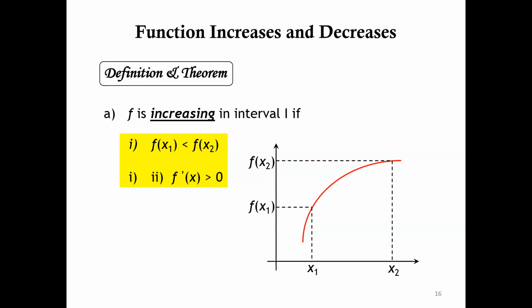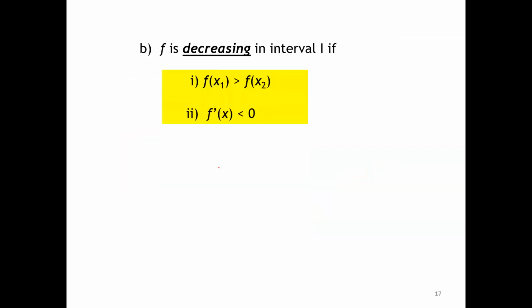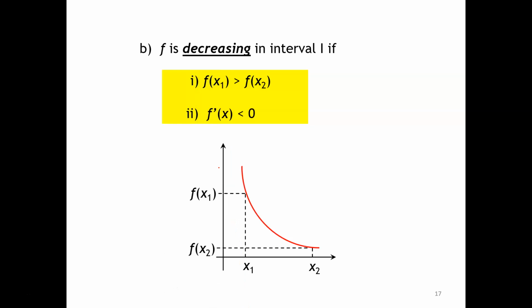That one is increasing. And another way to detect it is f prime x must be greater than 0. When you first differentiate the function and you get it greater than 0, that means it is increasing. And for decreasing, how do you check or determine it?